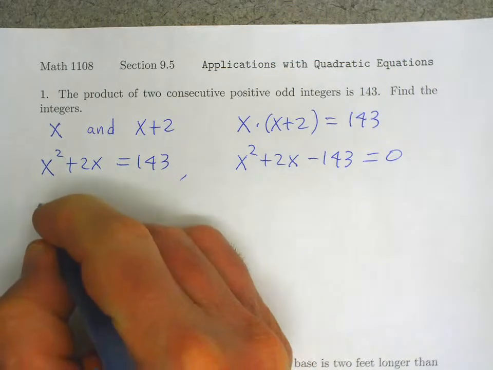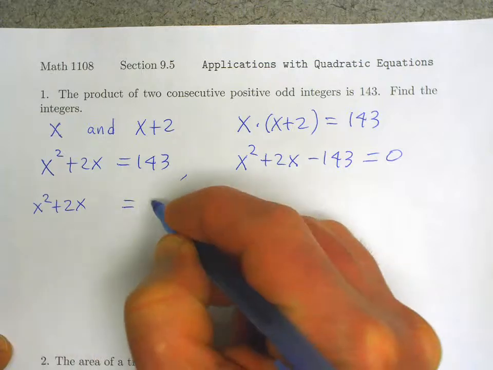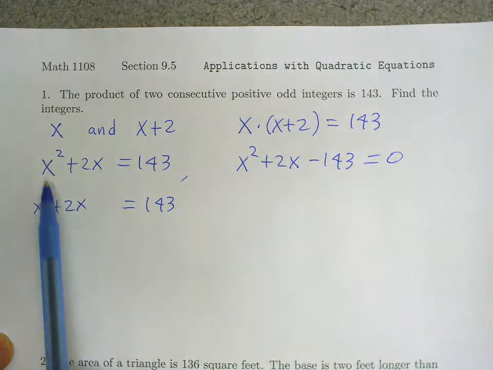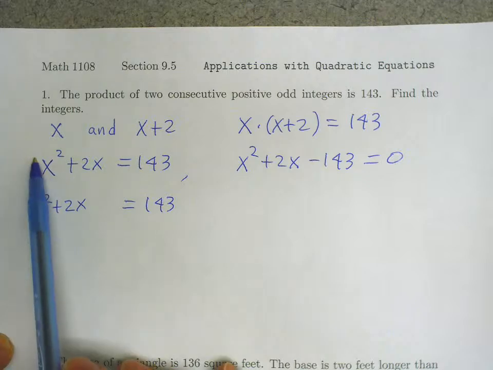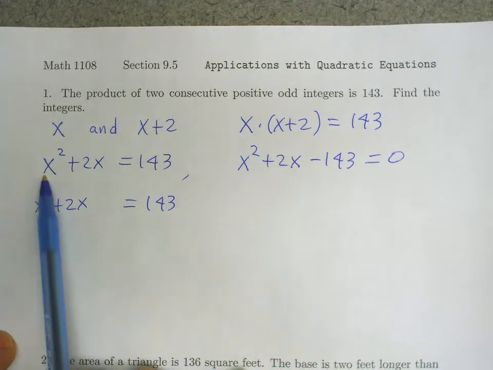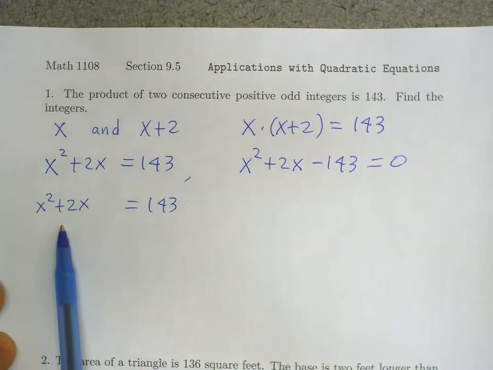Okay, then we're going to add a number to both sides so that the left-hand side is a perfect square trinomial. I should point out that the coefficient of x squared is already 1. If the coefficient of x squared is something other than 1, we have to divide every term on both sides by that. And now we can complete the square on the left-hand side.